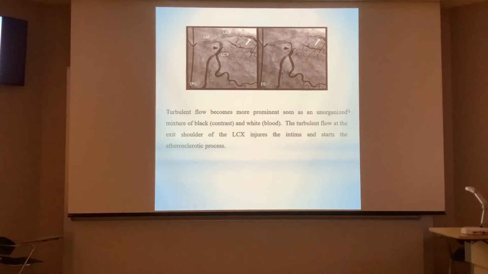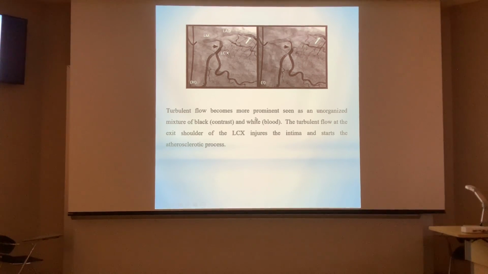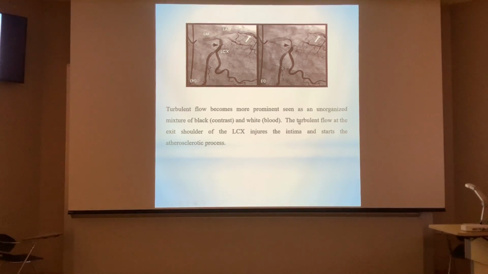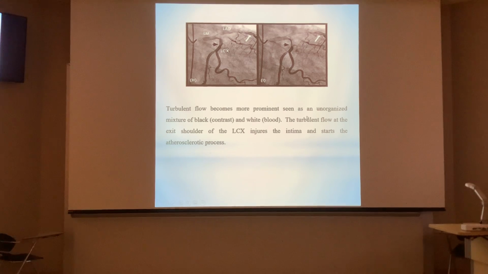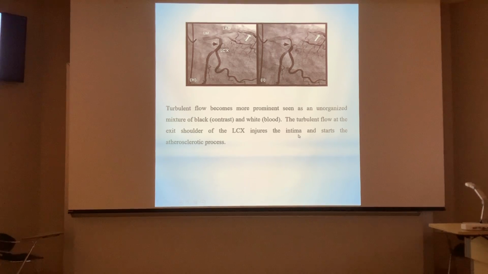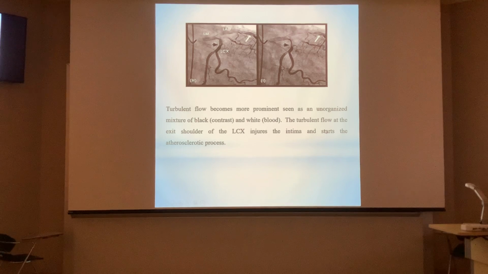It is a very clear turbulent flow, prominently seen in unorganized mixtures of black colors of contrast and white colors of blood. The turbulent flow is at the ostium shoulder. Injury can result in edema and the start of the atherosclerosis process.